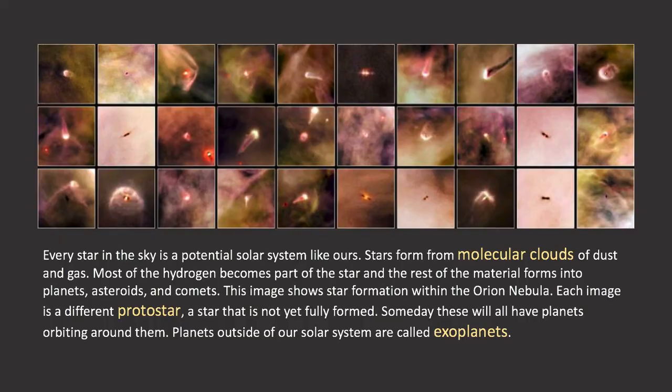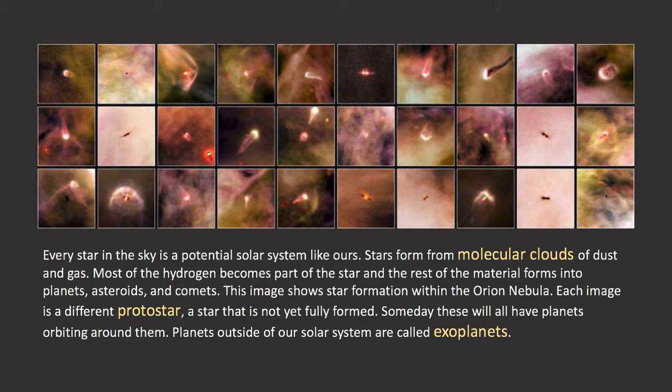Now, solar systems like ours are not unique. Well, they might be unique in one very important way, that it's the only one that has people. But they're not unique in the sense that you get planets and asteroids and comets. We expect that that's very common among the stars. So we can think of every star in the sky as a potential solar system.